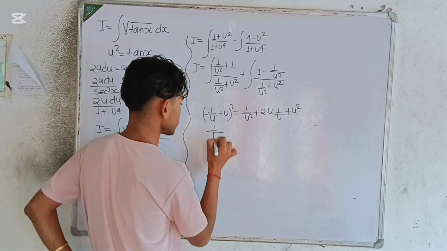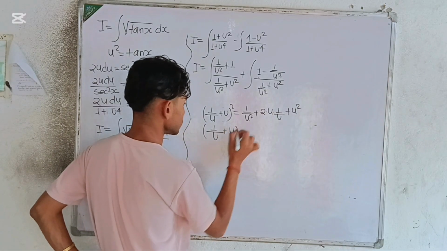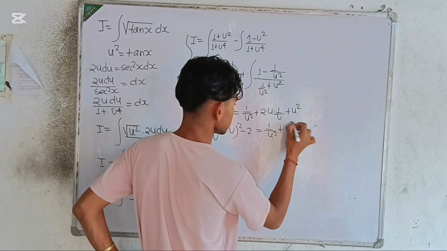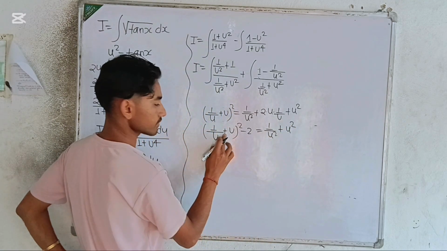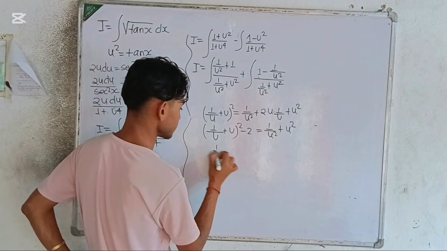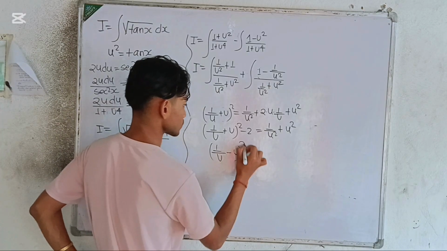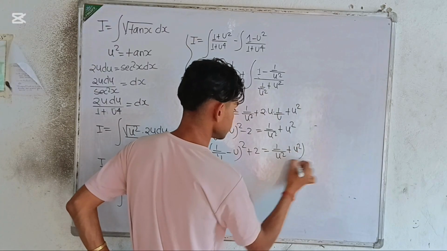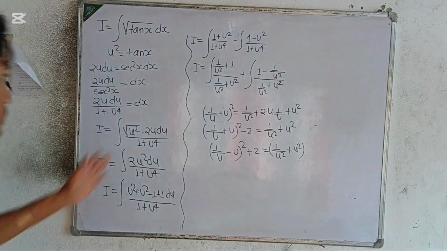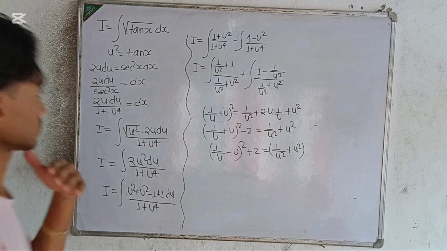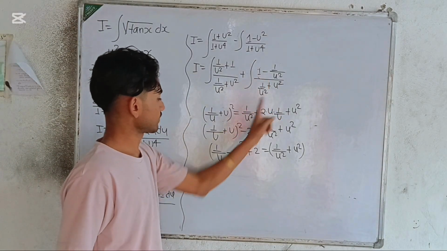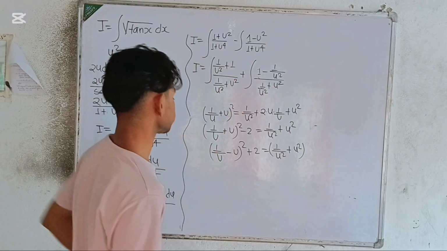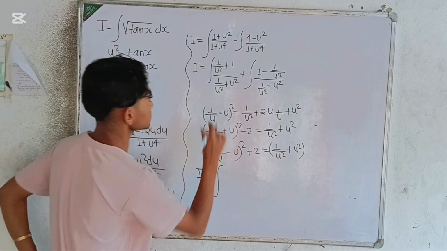So I can write 1 over u plus u squared minus 2 is 1 over u squared plus u squared minus 2. And if there is plus and there is minus, we can replace this by, plus 2 is 1 over u squared plus u squared. So these two things we have to substitute. In terms of minus we have to substitute this plus, and in terms of plus we have to substitute the minus.